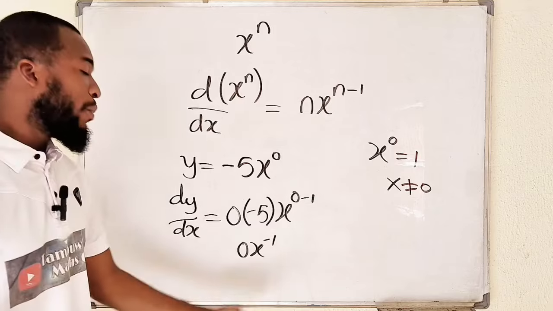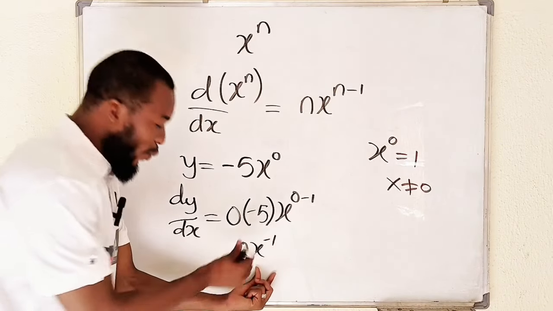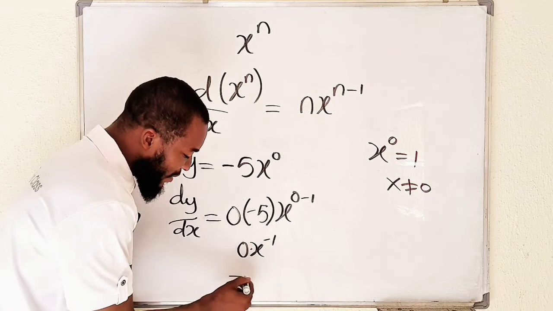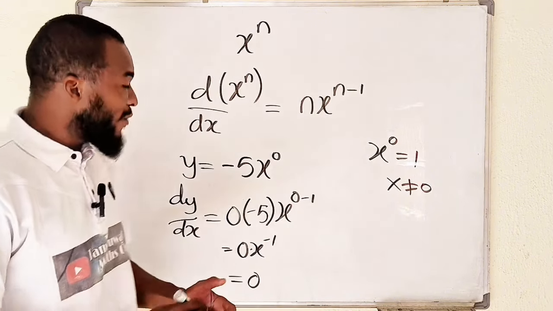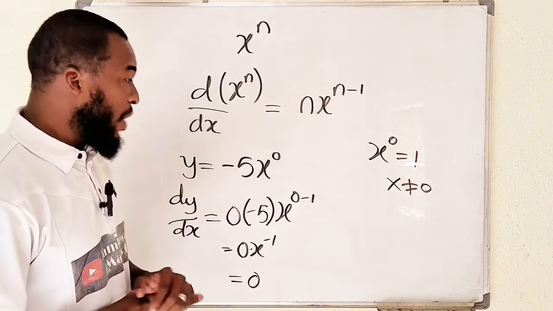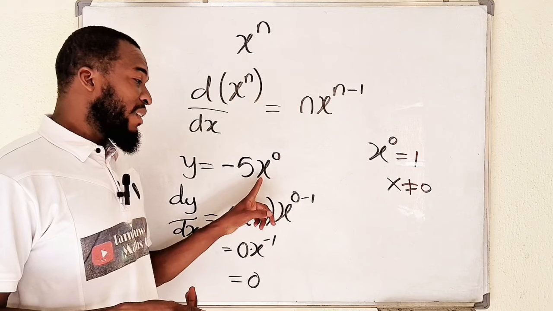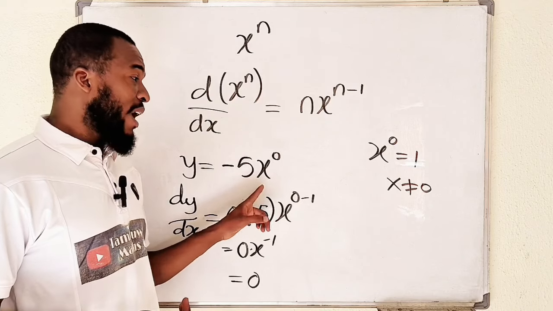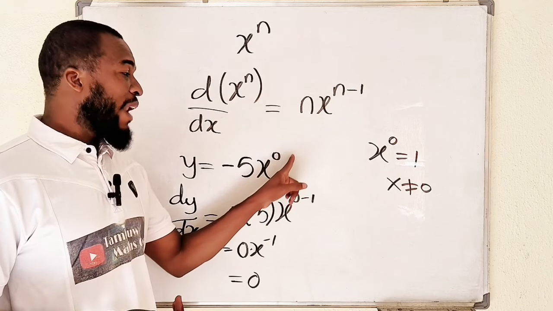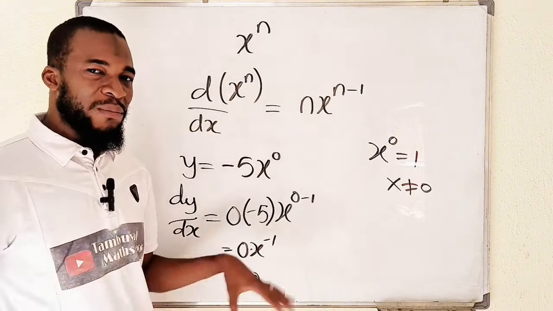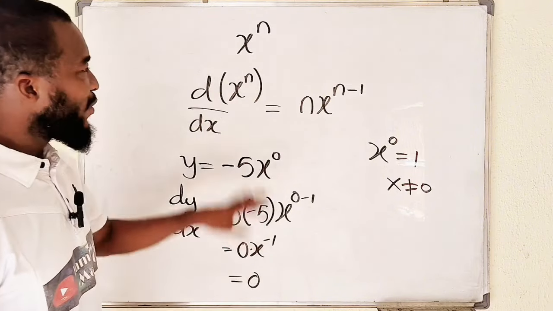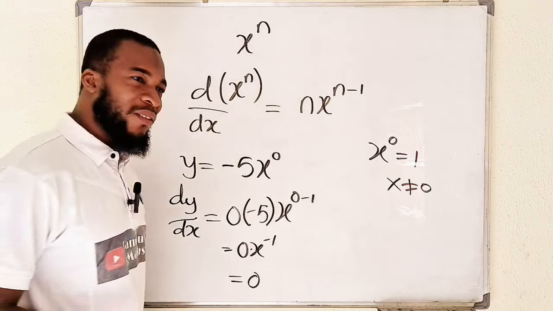Negative 1. But it doesn't matter. 0 times this one will make it 0. So this is why we have the derivative of a constant to be 0, because naturally the variable attached to that constant has an exponent of 0, and the moment that 0 drops down to multiply the constant, everything becomes 0 at that point. So therefore the derivative of a constant is 0.